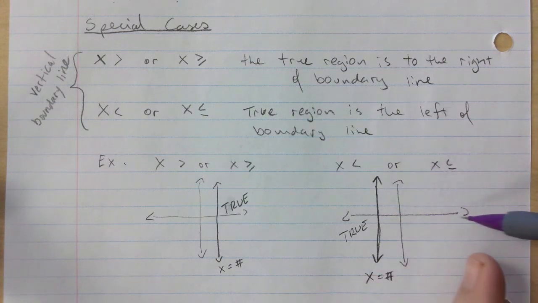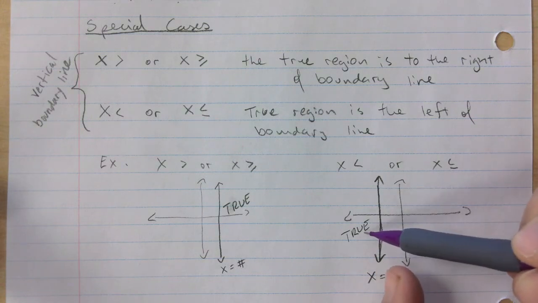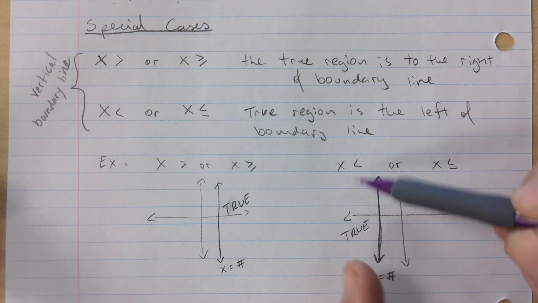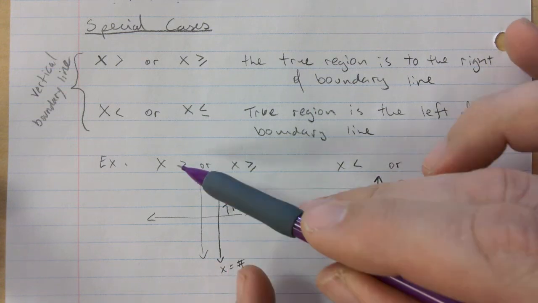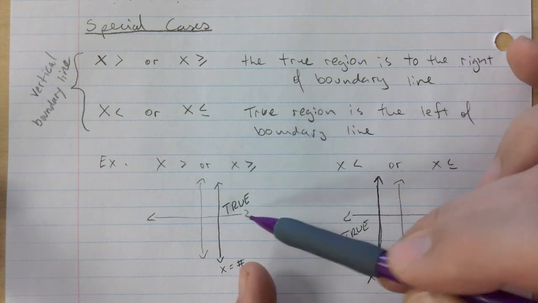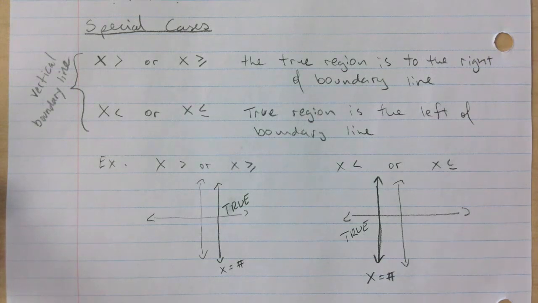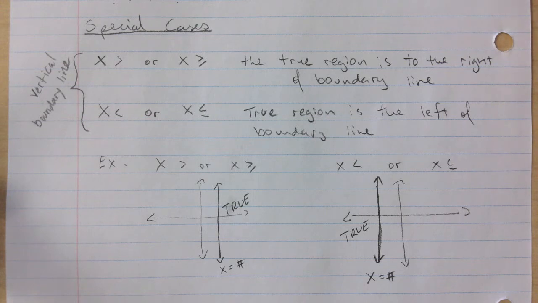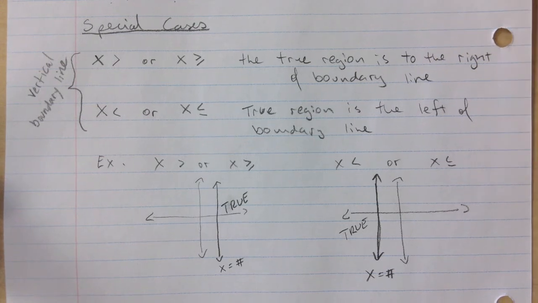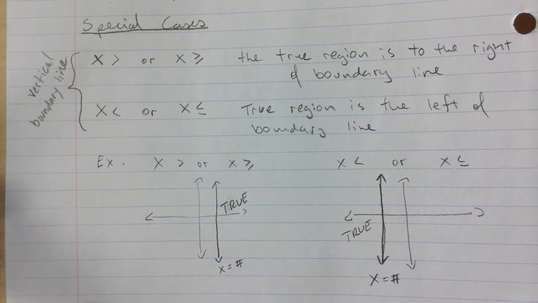And this line could be anywhere along the x-axis, right? But what's true is that the true region is going to be to the left if it's less than or equal to, and it's going to be to the right if it's greater than or equal to. Right? And we're going to do some examples of that. So these are your special cases. We're going to do the horizontal lines as well. But the horizontal lines are very similar to all the examples we've been doing so far.